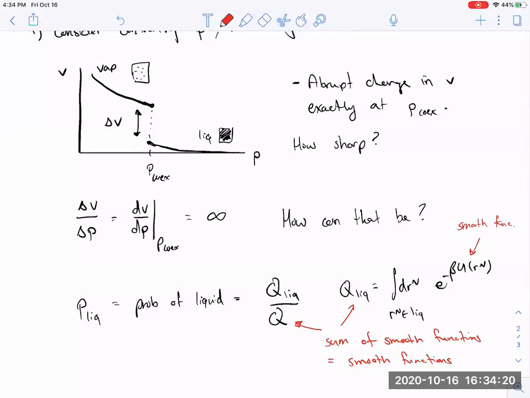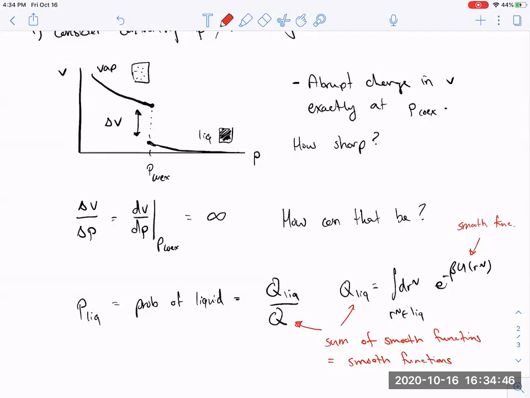If I take a sum, even integrating, so I have a lot of smooth functions, I still get back a smooth function, and yet Q, for us to observe a sharp transition, has to have a singularity in it. So how can that be? How can we get a singular change from a smooth function?